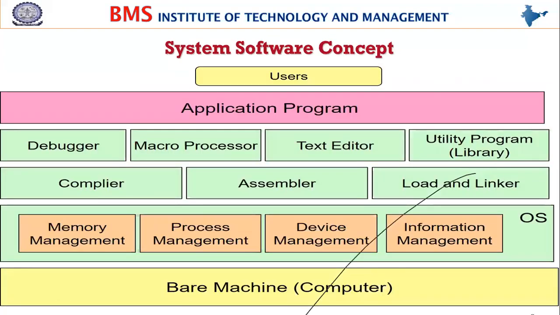So this is the architecture what we can have a look at. The user and the application program stand at the upper level, and those application programs will talk to your system software, and then the hardware is moved accordingly so as to get your work done. For example, as I told you earlier, if I give a print command in my MS Word, MS Word will not print.